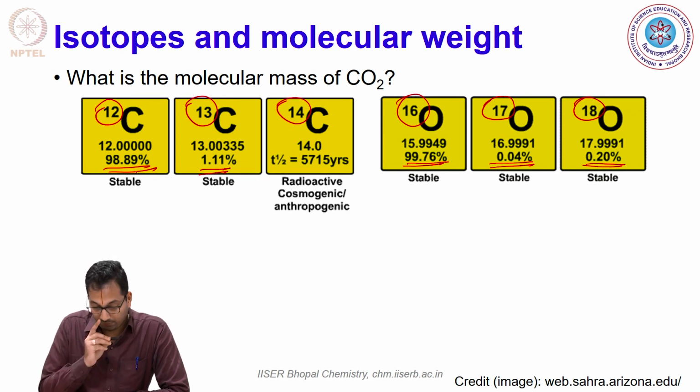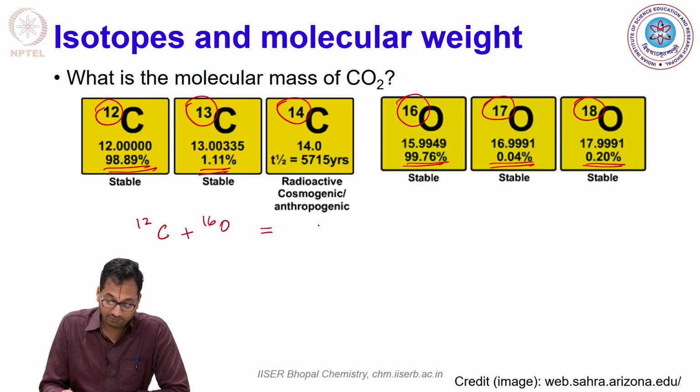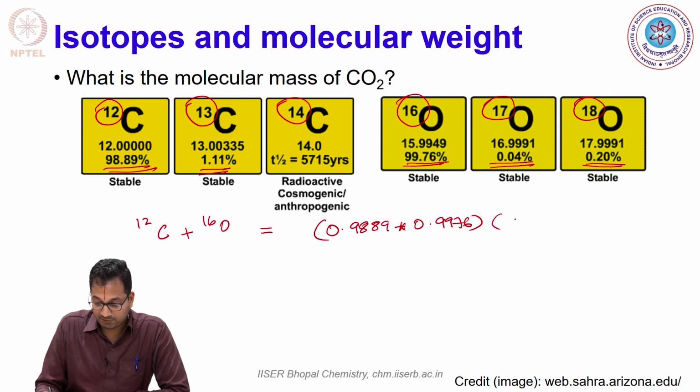So basically for C12 plus O16, you're going to have the calculation that is driven by 0.9889 times 0.9976 times 12 plus 16 times 2. This is where you are getting CO2, where 12 and 16 are factored in.